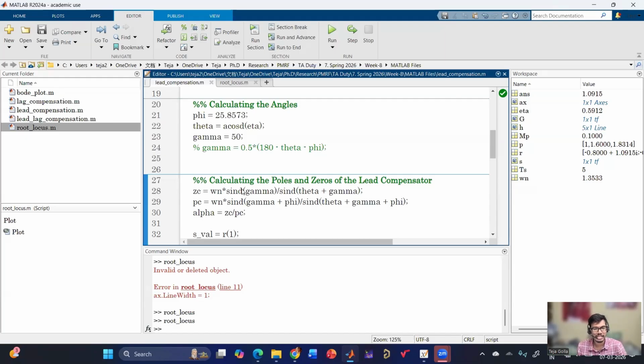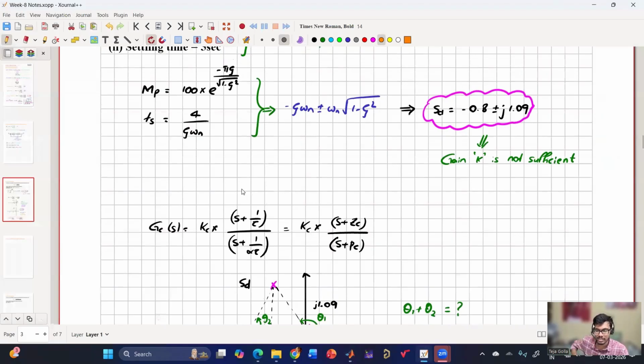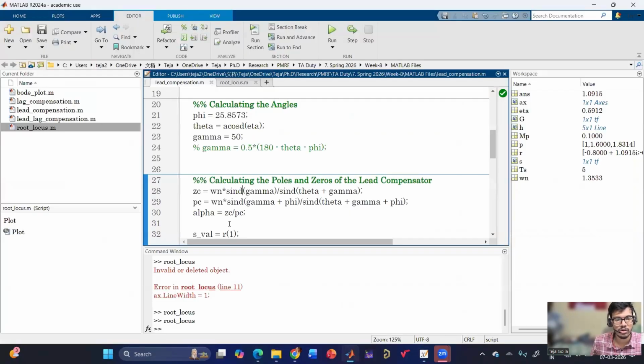And once we get ZC as well as PC, I can say alpha is nothing but ZC by PC, right? So I can calculate alpha as ZC by PC, which is what I have done in the code. Till now, I have calculated ZC, PC, and alpha.